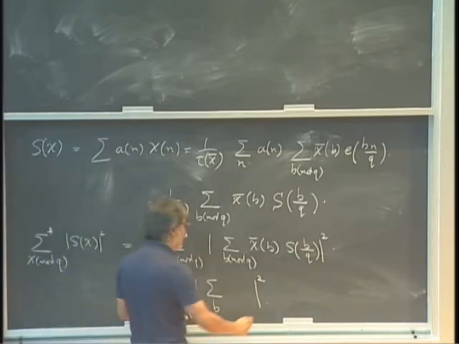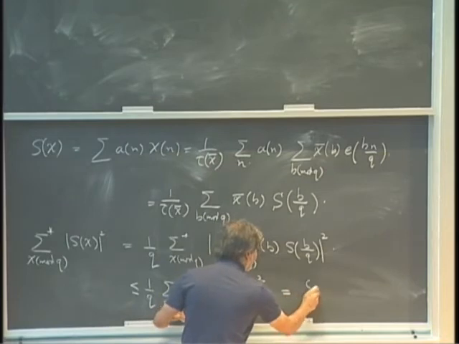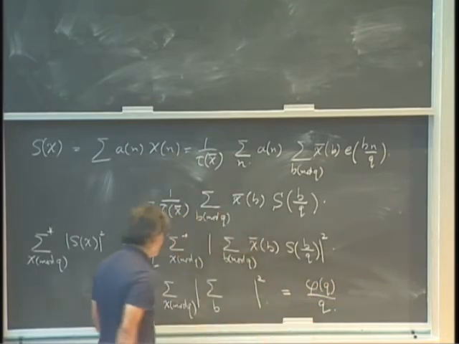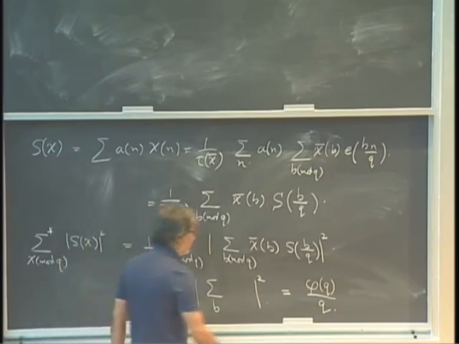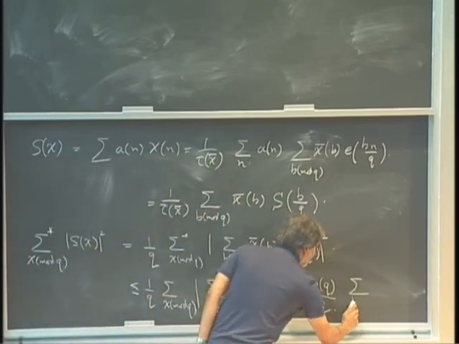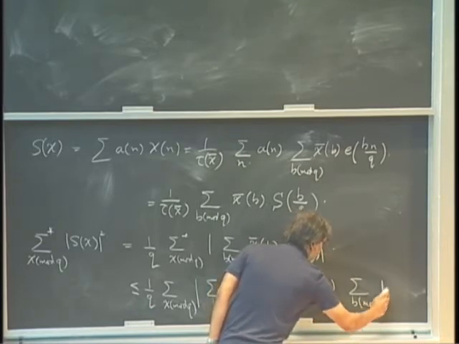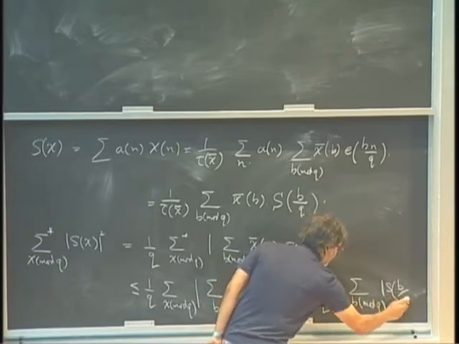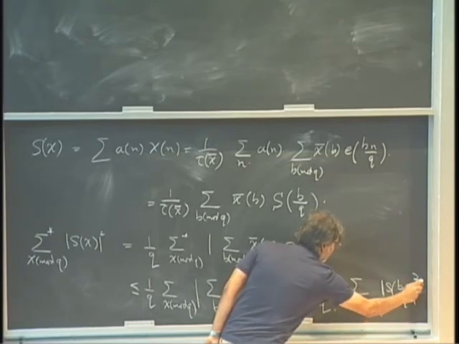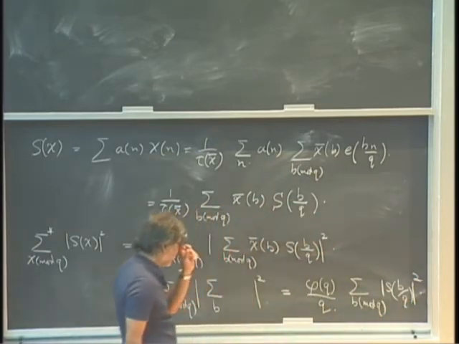So this will be just equal by orthogonality to phi of q, the number of characters mod q, times the sum over b mod q of the sum of the squares of the exponential sums.